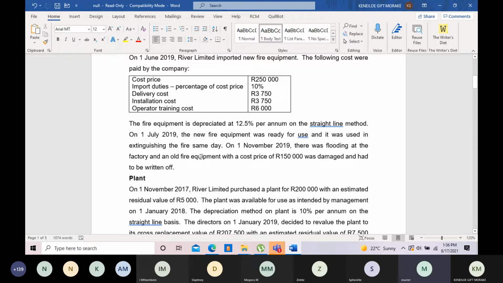They say an old fire equipment, the one that got damaged. So you multiply that amount by 12.5%, but I'm trying to get the date there, meaning that they mean to say 4 years has already passed since we bought this fire equipment.